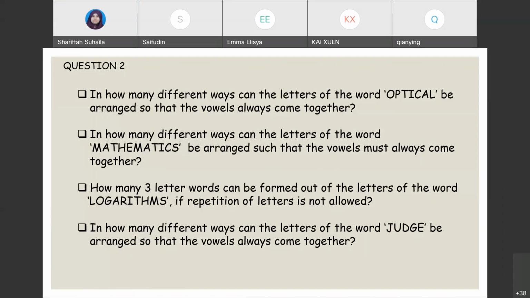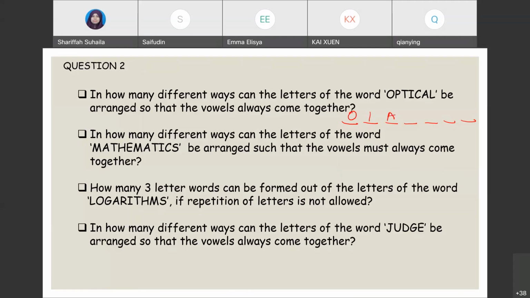Here you have 1, 2, 3, 4, 5, 6, 7. It should be 7, so we have 7 spaces. Our vowels are O, I, A. So O-I-A, let me write it here first.